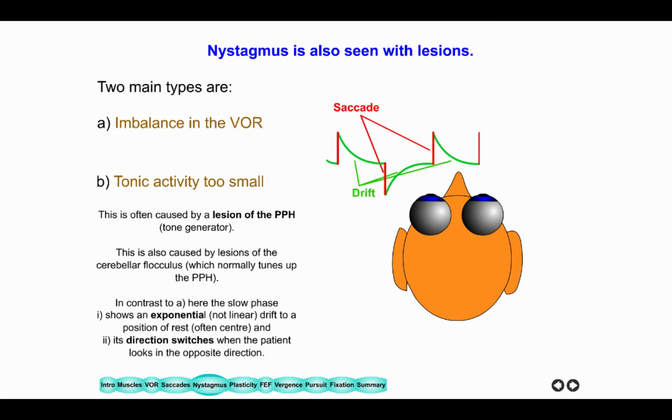In this case, it's a lesion of the PPH, your integrator, your calculus computer. You make a saccade, and it sweeps back. Make a saccade again, sweeps back, because you can't hold that lateral position. And the same thing happens if you move in the other direction. It sweeps back.